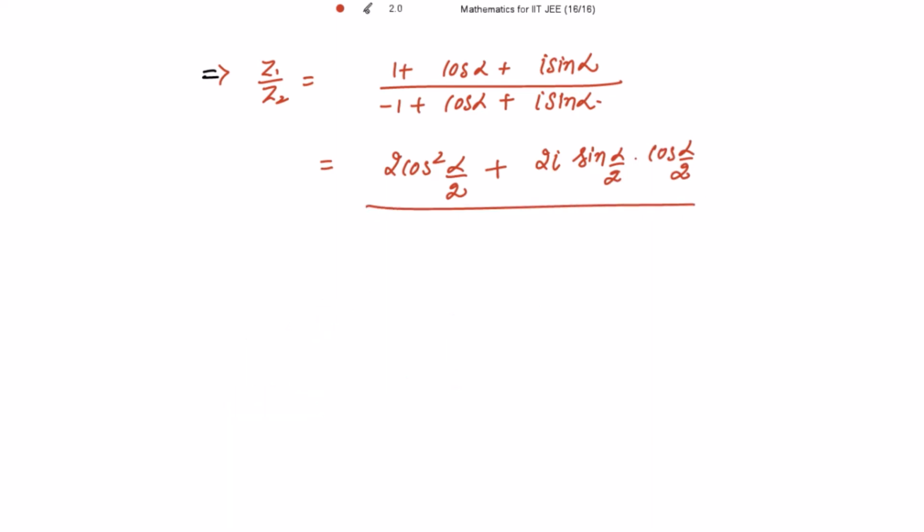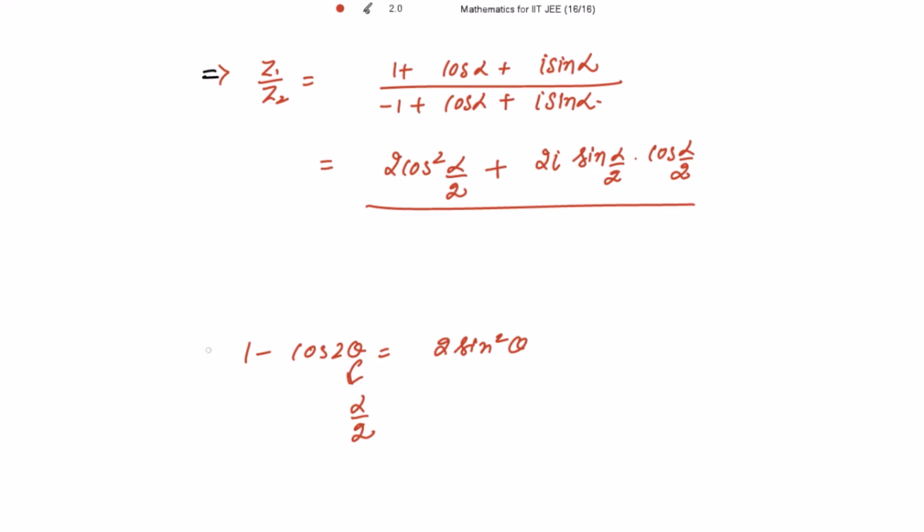for the denominator, we know that 1 minus cos of 2 theta is equal to 2 sine square theta. Now replacing theta with alpha by 2, we get 1 minus cos alpha, so that will be equal to 2 sine square alpha by 2, right? But I'm having here cos alpha minus 1.